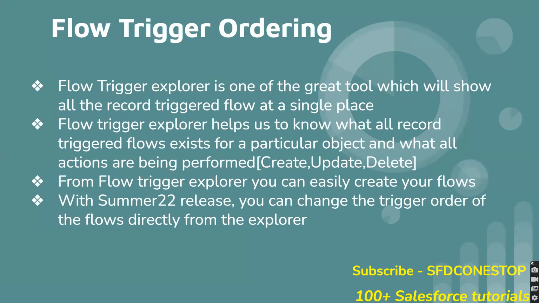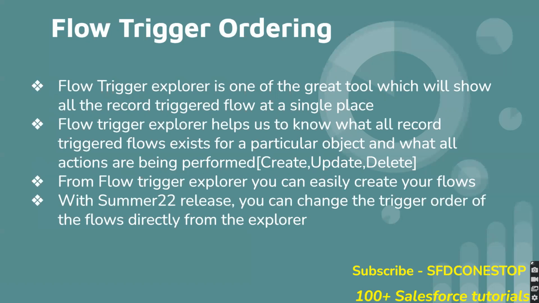Flow Trigger Explorer is one of the greatest tools provided by Salesforce as part of Summer 22, which will show all the record triggered flows in a single place. Using this Flow Trigger Explorer, you can know for a single object all of the different actions that are being performed.